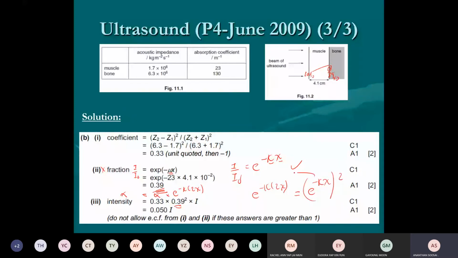So they do 0.39 squared times I, and you get the actual new intensity: 0.05 I. So 2 times absorption, e to the negative K2x, 1 time reflection, times alpha, with the original intensity. This is the final intensity when it comes to the surface.